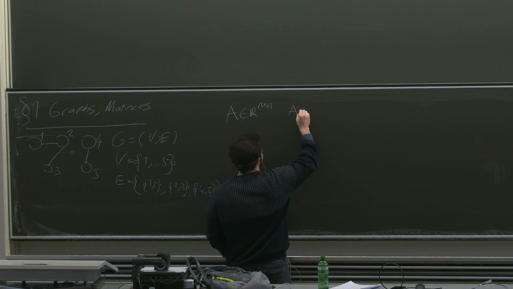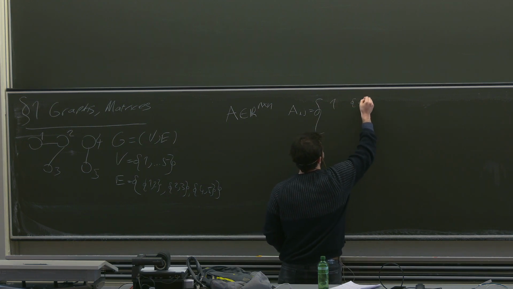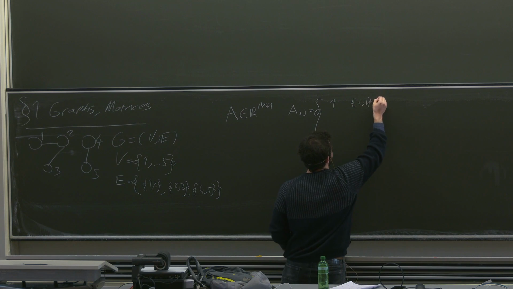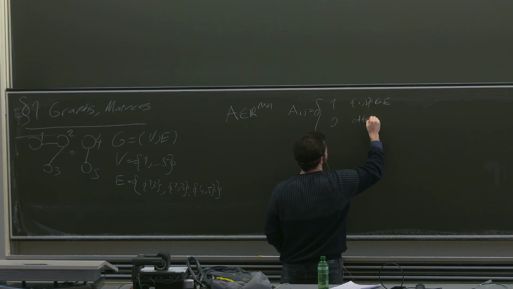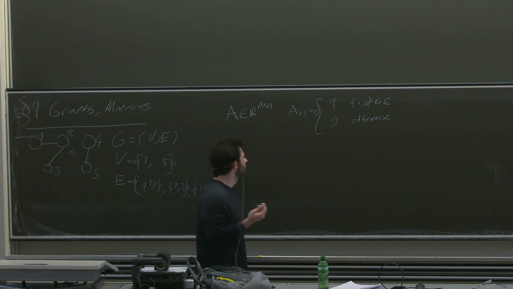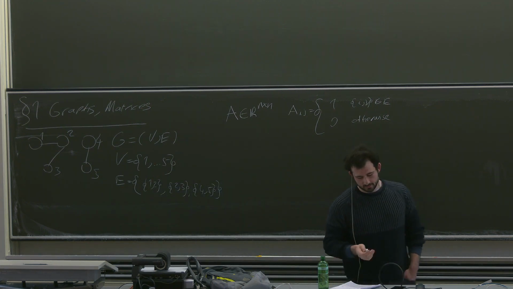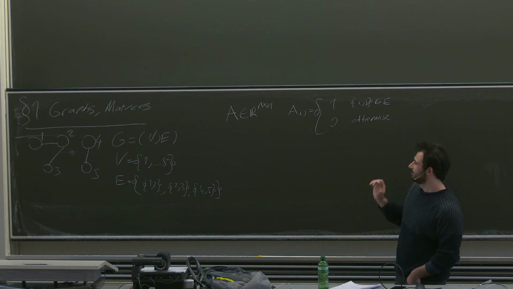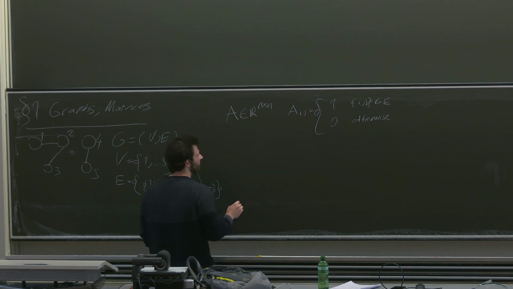Its entries will be A_ij equals 1 if (i,j) is in the edges, and 0 otherwise. This is actually how we represent graphs in computers, usually as a sparse version of this matrix. So this is very standard. Anyone who did graph algorithms on computers will have constructed such a matrix once.